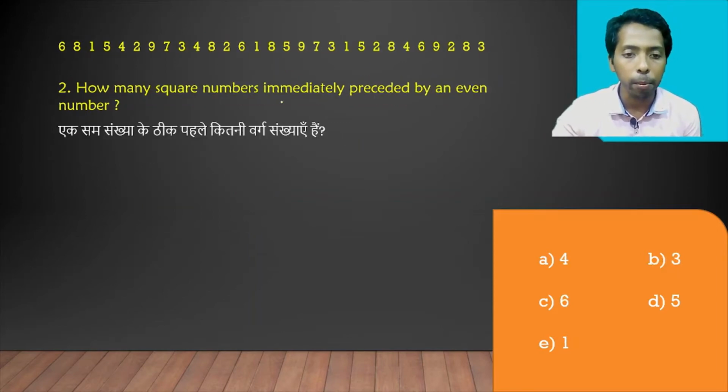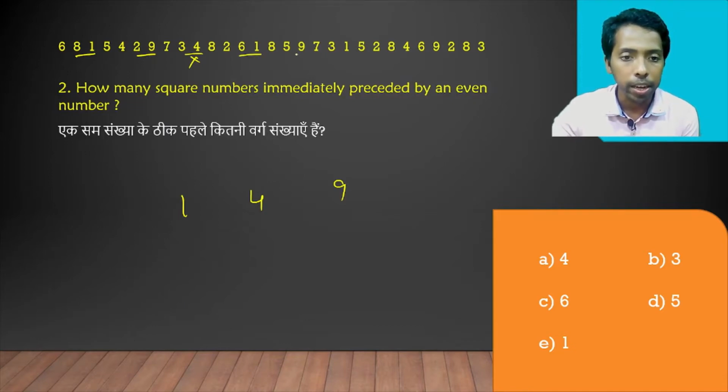Here's the second one. How many square numbers are immediately preceded by an even number? The square numbers in single digits are 1, 1 square; 4, 2 square; and 9, 3 square. Only three possible cases here. First, 1, which is immediately preceded by an even number, should be countable in our case. So this is 1. 9, 2, okay. 4, no, this is not the answer. This is cross. And then 1, 6 preceded by an even number, here it is.